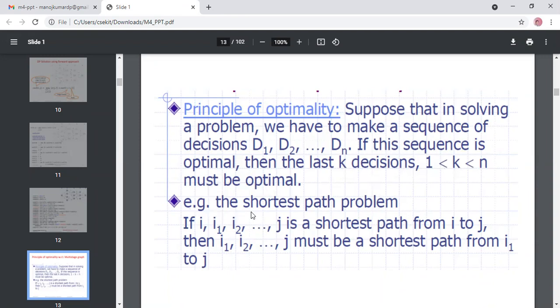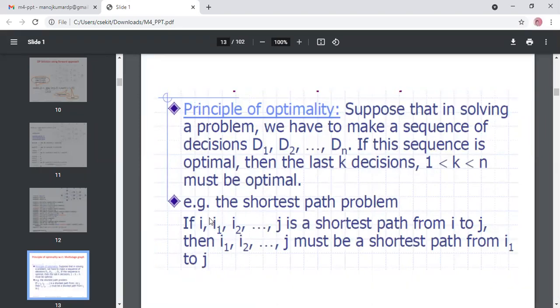Example, the shortest path. D1, D2, Dn. If this sequence is optimal, then the last k decisions must also be optimal.